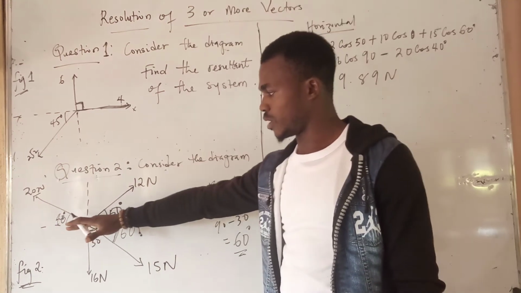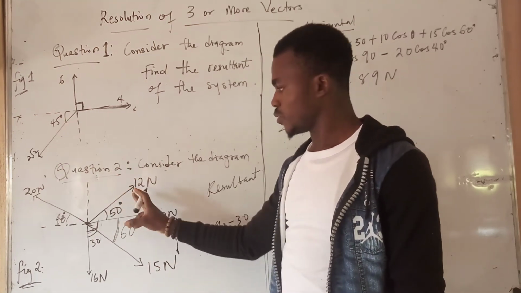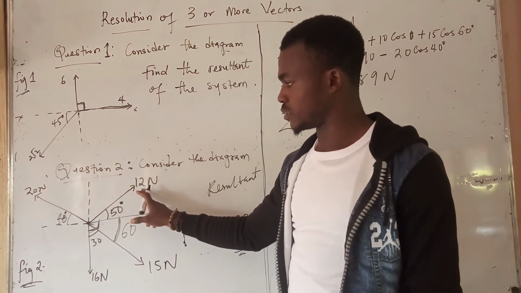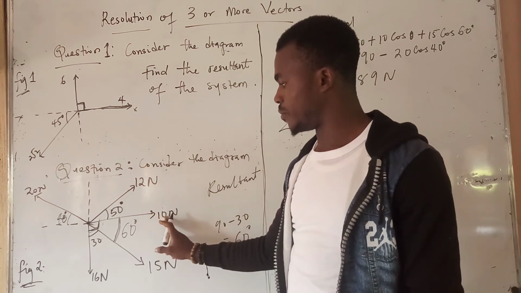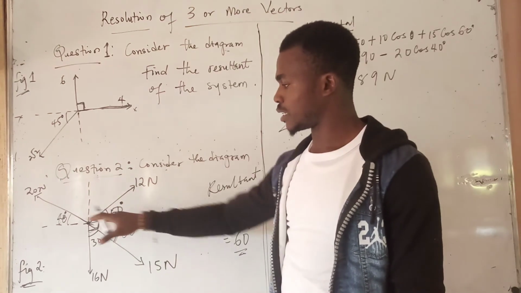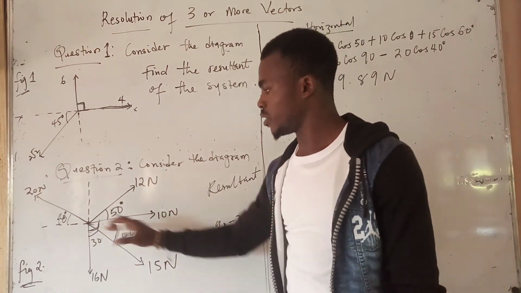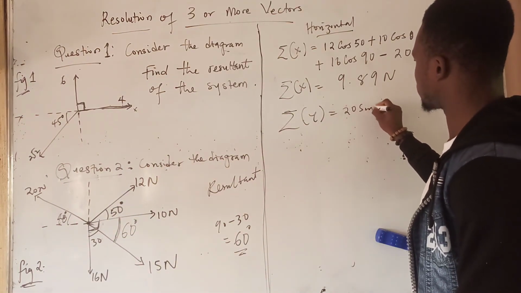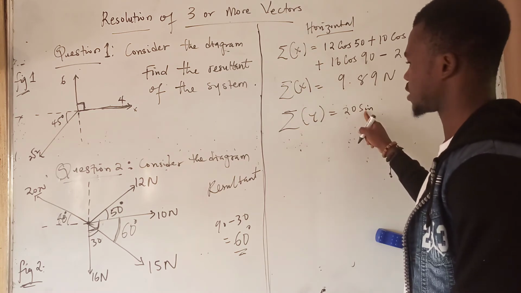From this point upward, we have two vectors, 20 Newton and 12 Newton, and probably 10 Newton, just that it lies on the horizontal. Since we are working on the vertical, we use sine.